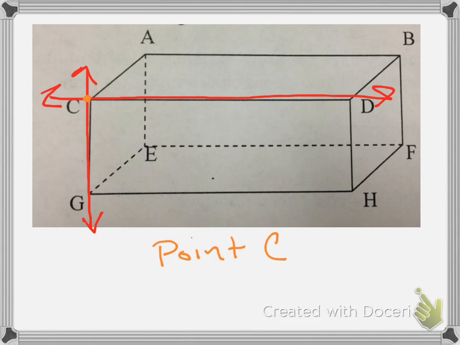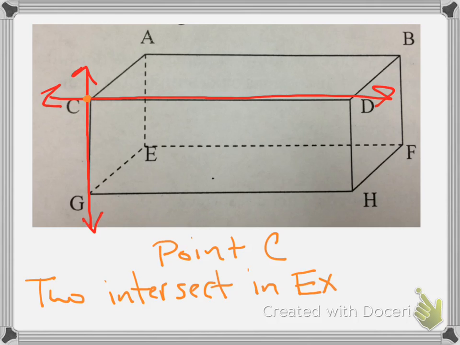Remember, two lines always intersect at exactly one point. Two lines intersect in exactly, which is an important word, one point. Okay? All right.